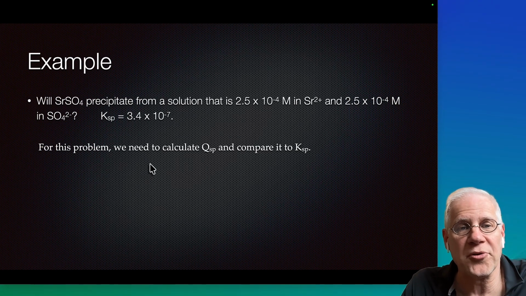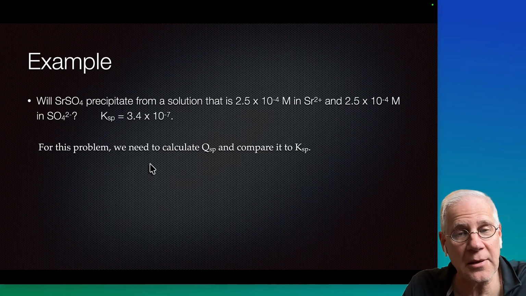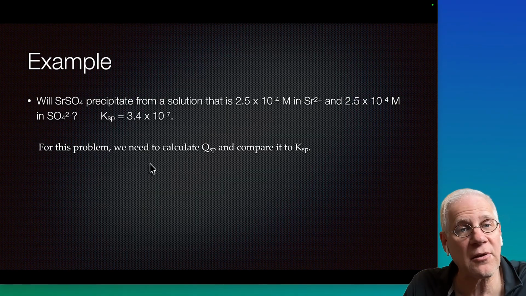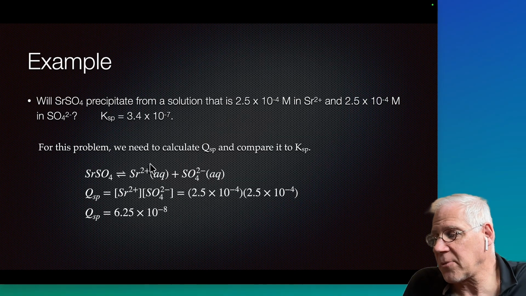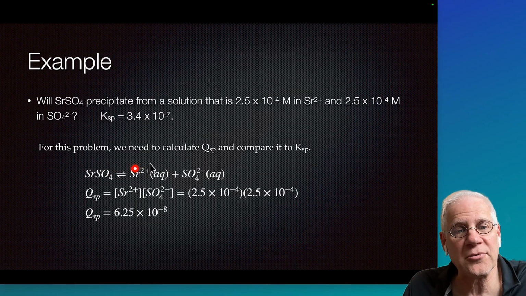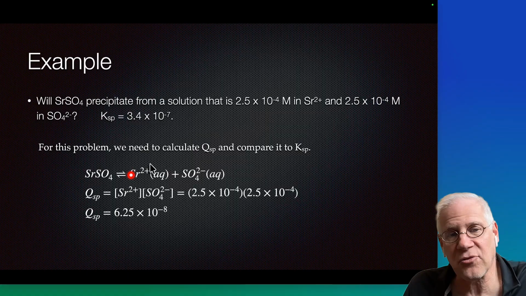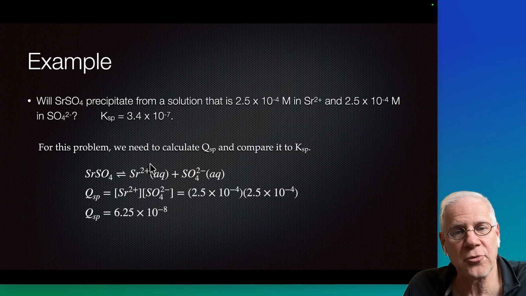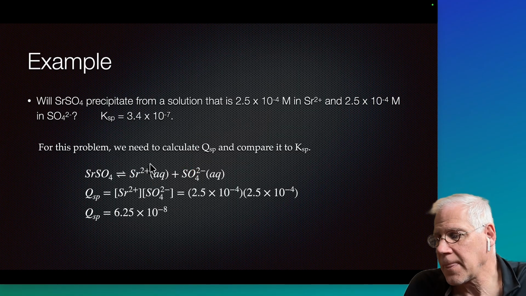So for this problem, we're going to calculate a QSP, compare it to the KSP, and see if we're going to get a precipitate. Our equation is just strontium sulfate breaking apart into strontium ions and sulfate ions. This gives us a QSP expression of concentration of the strontium times the concentration of the sulfate. Again, it's just a 1-to-1 because they're both 2 plus and 2 minus ions.